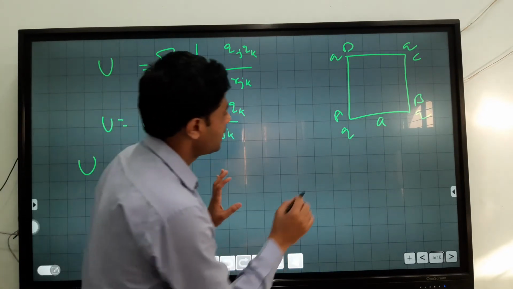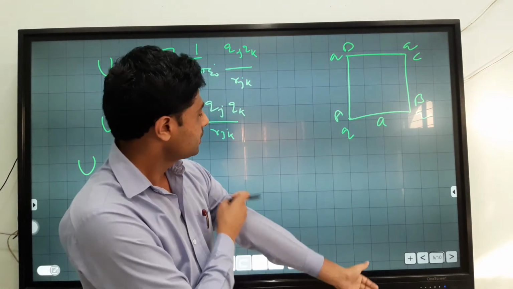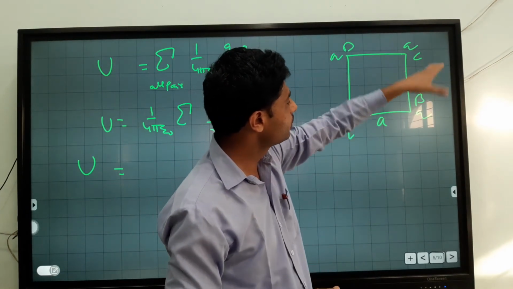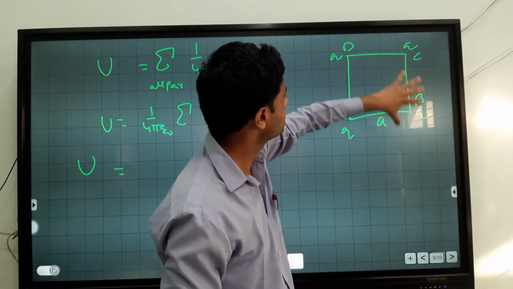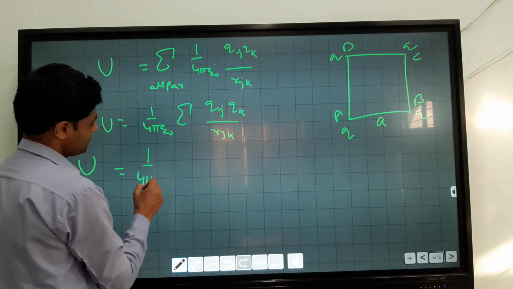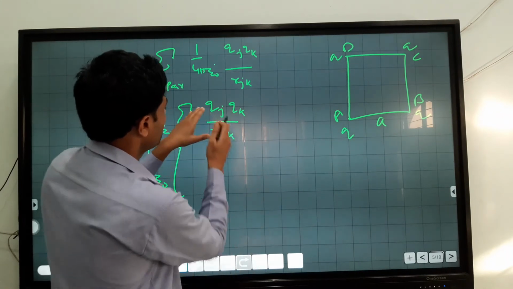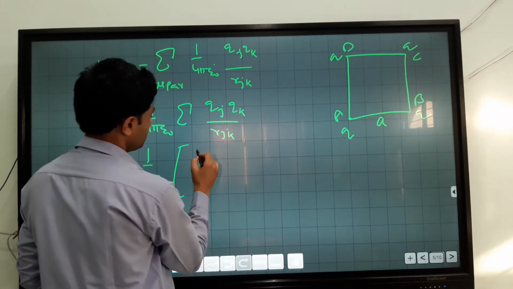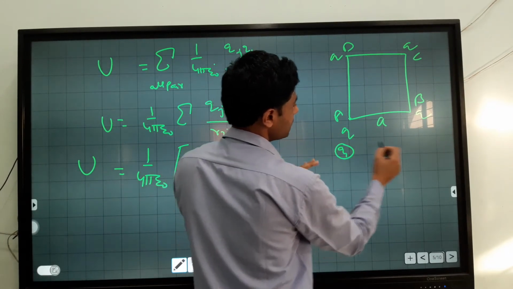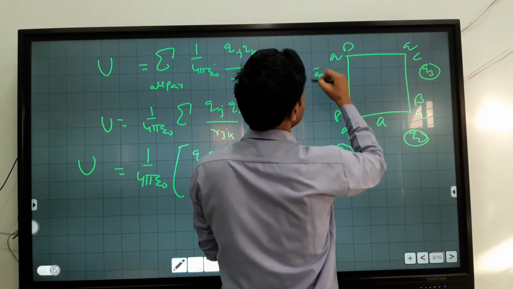Let A be the starting point, and after that we have to carry a point charge from infinity to points B, C and D. The system of 4 charges means the charges are Q1, Q2, Q3 and Q4.